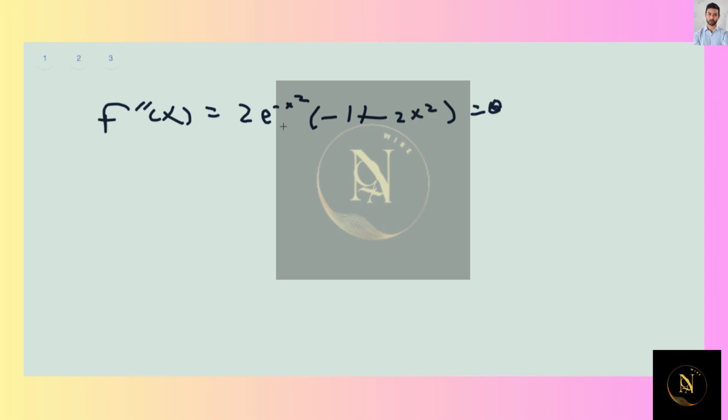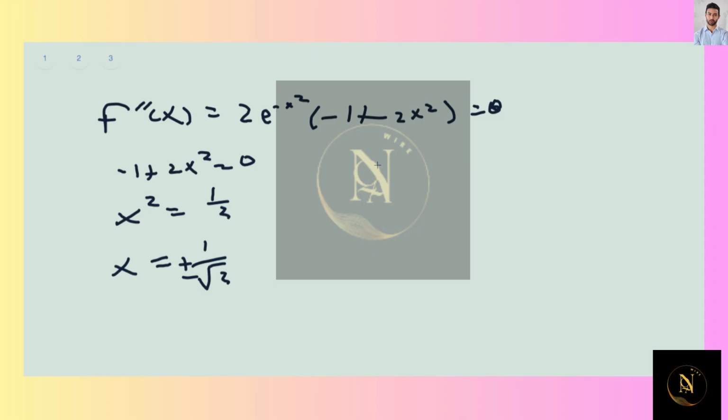This part of the function cannot equal 0, so we set negative 1 plus 2x squared equals 0. So x squared equals 1 over 2, and x equals plus or minus 1 over root 2, because we took a square root.